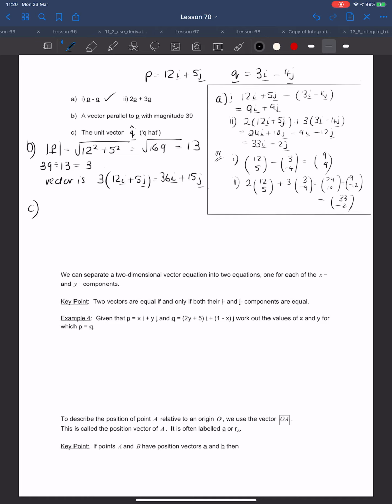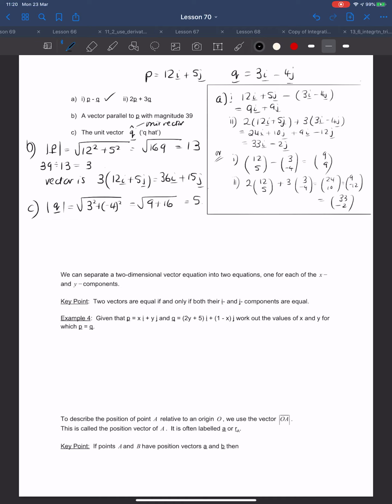Okay, and then C, the unit vector Q hat. So what we do there, we say the magnitude of Q is the square root of 3 squared plus minus 4 squared. Square root of 9 plus 16, which is 5. So when we want the Q hat, that means we need a unit vector.